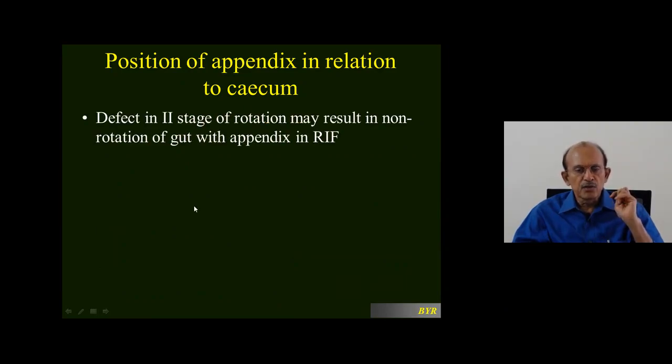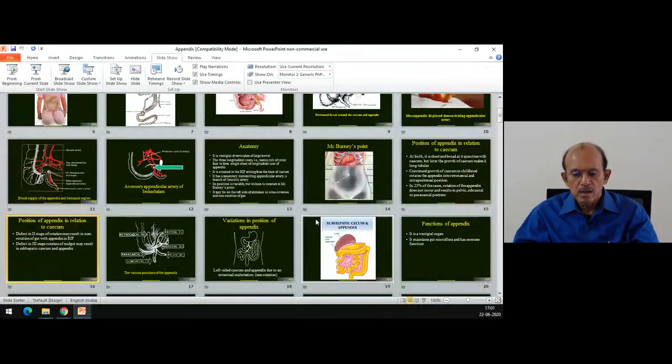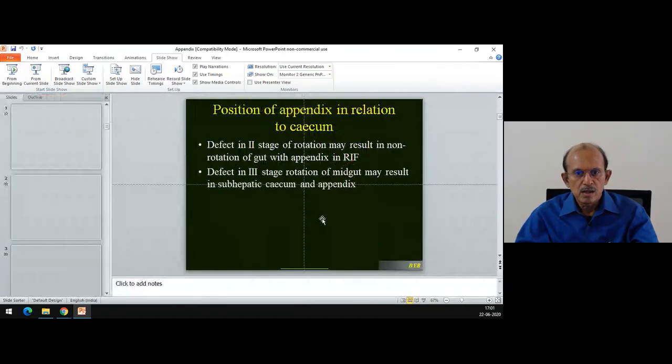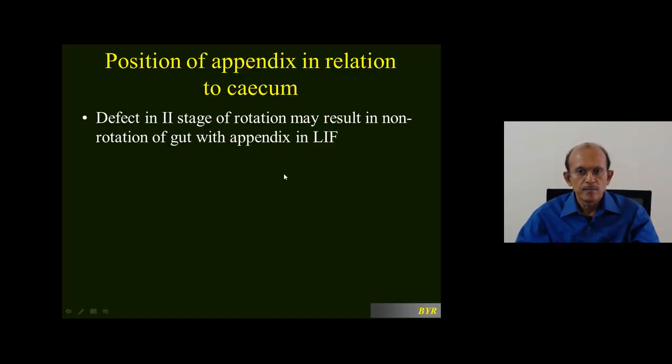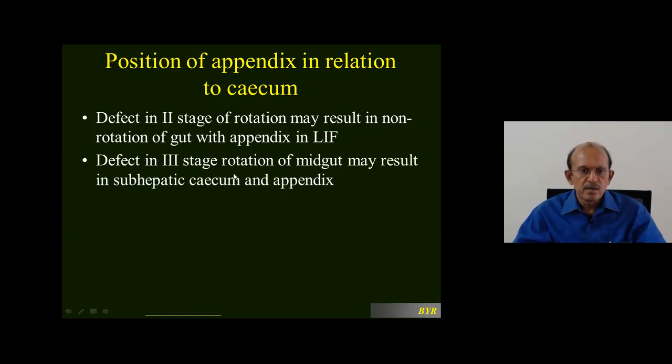Defect in the second stage of rotation may result in non-rotation of the gut with the appendix in the left iliac fossa, not the right iliac fossa. Defect in the third stage of rotation of the midgut may result in subhepatic cecum and appendix.